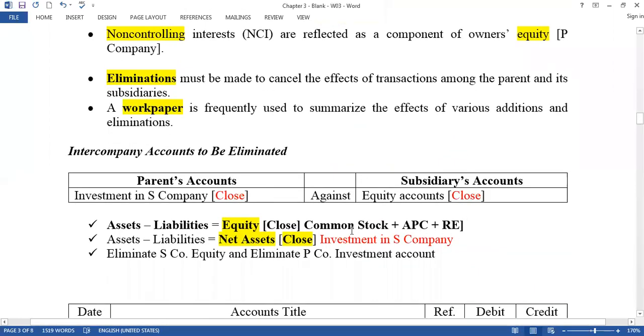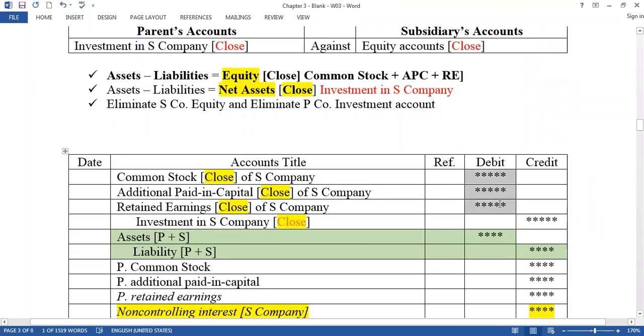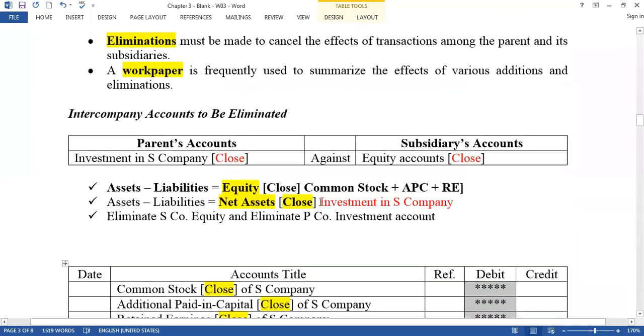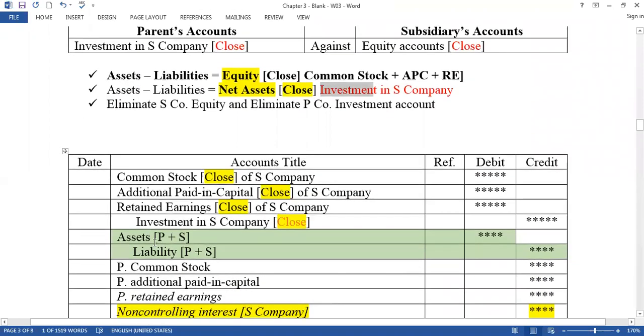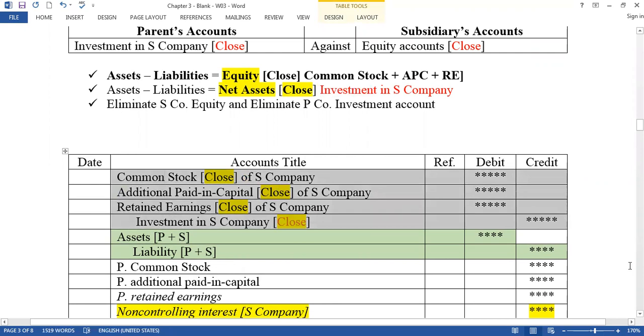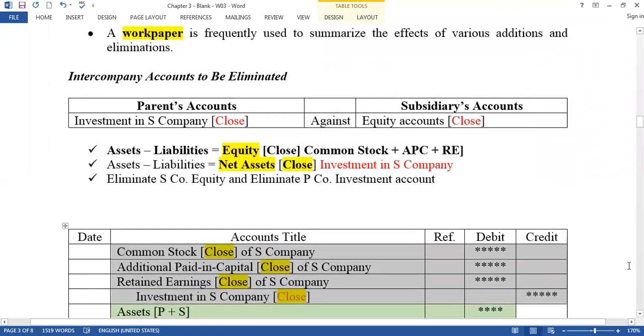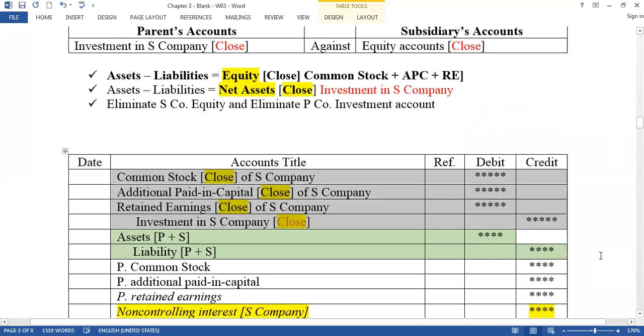Normal balance of common stock is credit, additional paid in capital credit, and retained earnings credit. To close, we have to record on the debit side. And the normal balance of investment is debit. To close, make it credit. These are the closing entries, the elimination entries for subsidiary equity and the investment in S company.